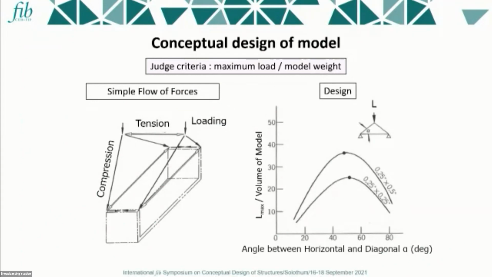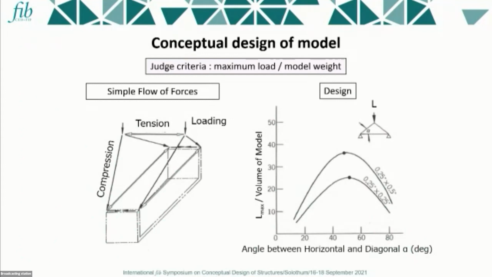Everybody knows the optimum structure is truss, the shortest way from the loading point to the bearing point. It is very clear. The point is the angle of the truss. Everybody knows about 45 degrees, 50 degrees. So I chose this angle.